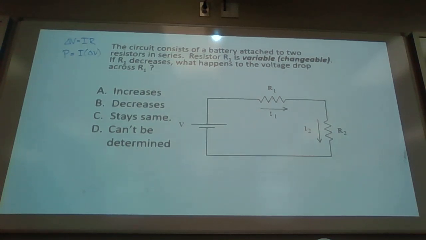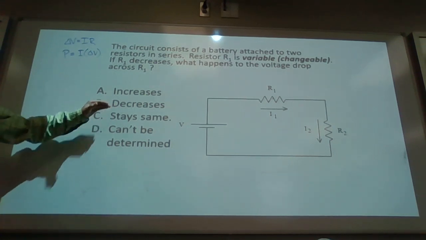Tell your neighbor why. I'm confused. Okay. Voltage equals current times resistance. So if the resistance goes down, the voltage goes down. Okay, correct answer is decreases.